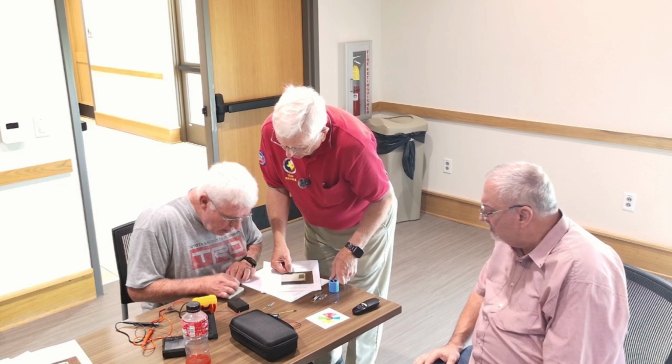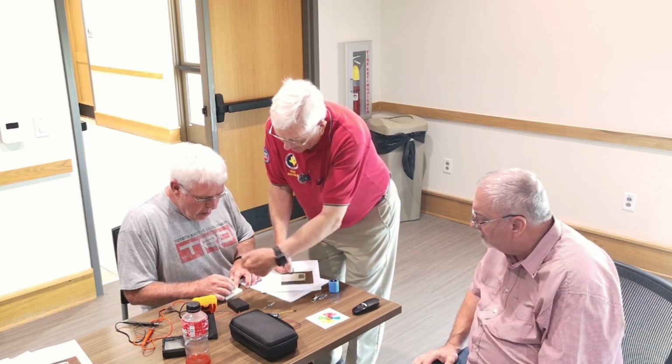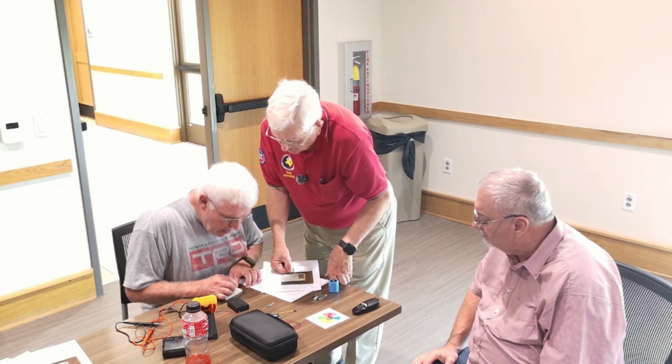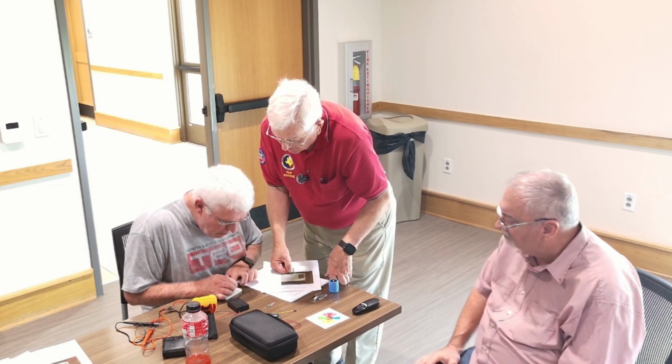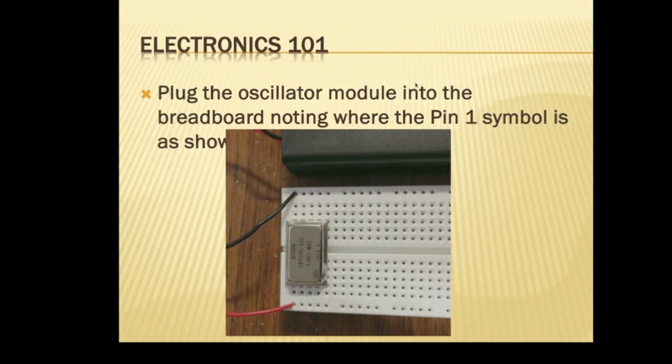Oh, you missed it, you're in the wrong row. Come back this way, one row. It's gonna be power to power. Does it go right up flush against the edge of it? Yeah, that's fine.